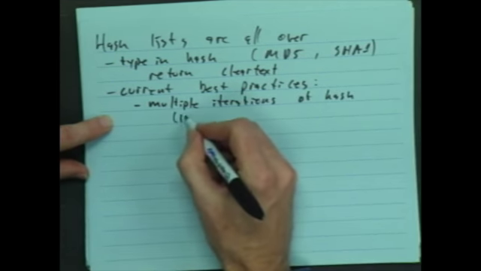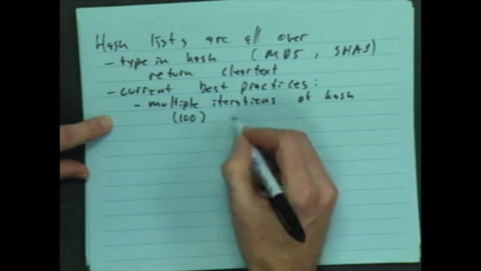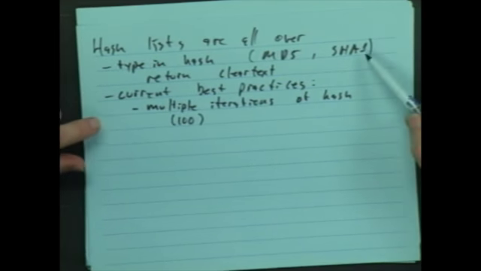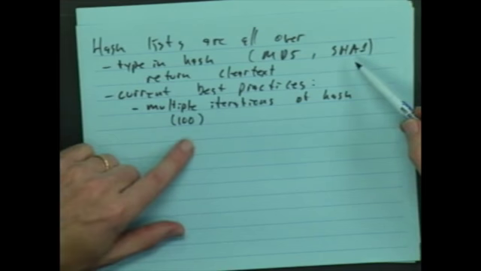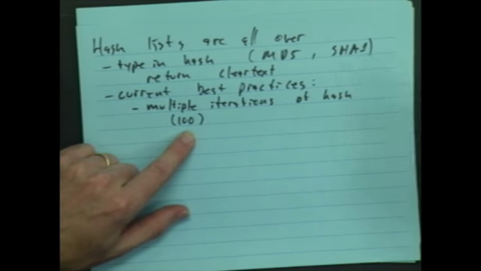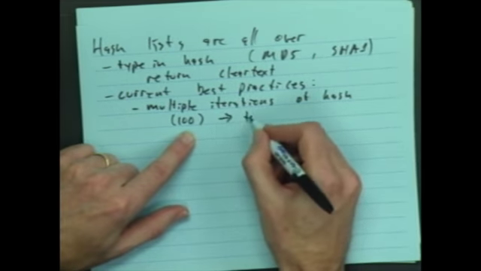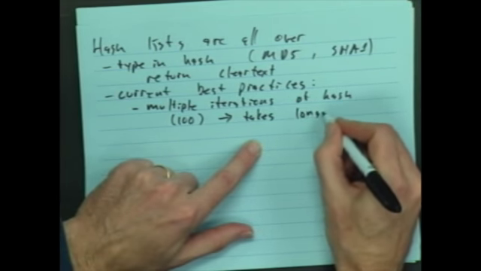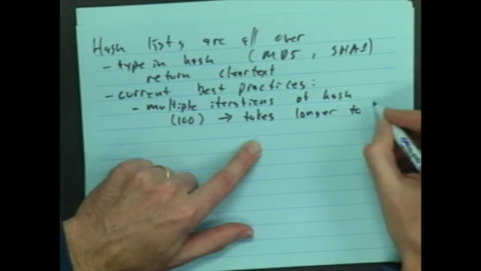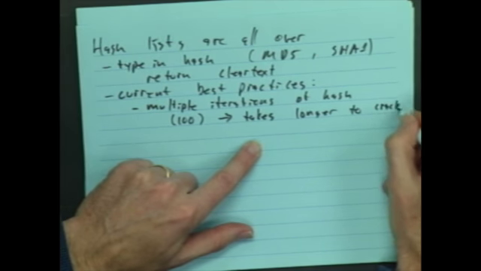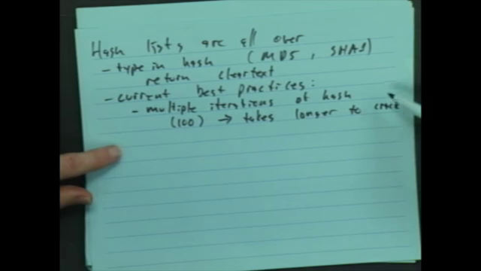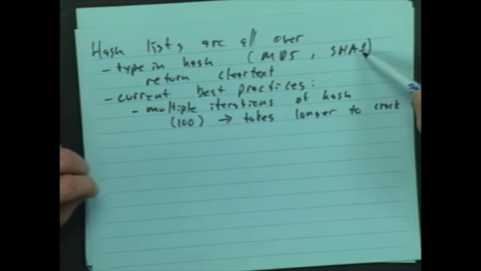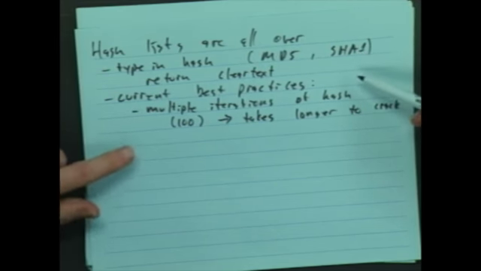So we might use 100. If I'm using SHA1, I might do it 100 times. That way, when they're trying to crack my password, they're going to have to do their hash 100 times, and it takes 100 times as long. Are we good there?